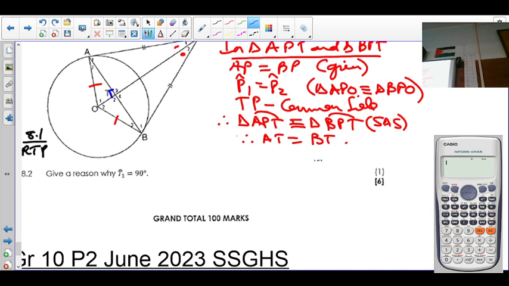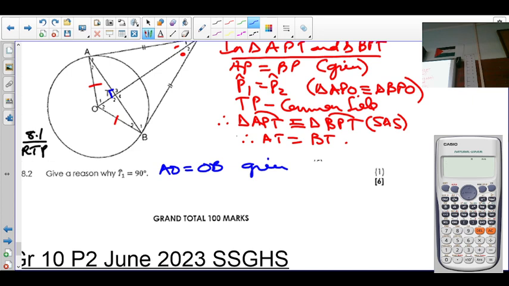Why is it 90? Diagonals of a kite. That will suffice. Because AO is equal to OB, we spoke about that, so we don't have to say it, but you can say it's given. That's for 1 mark.